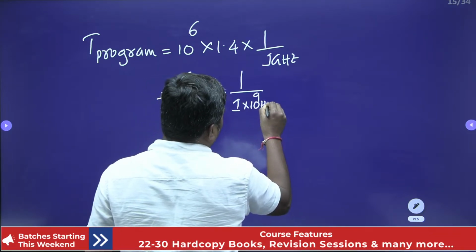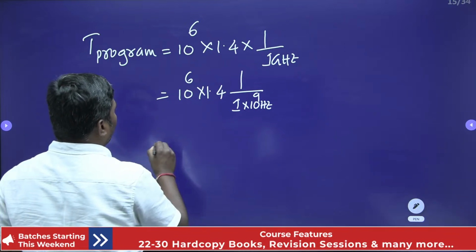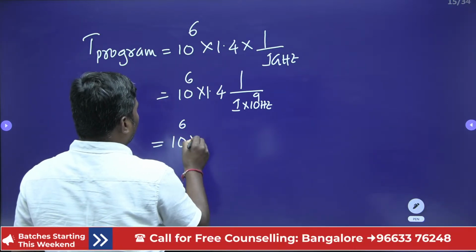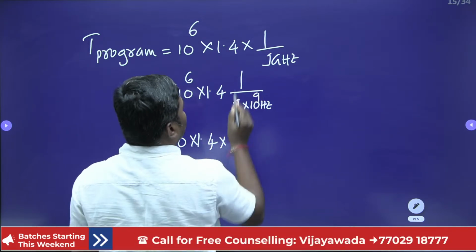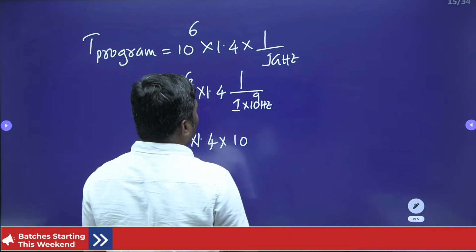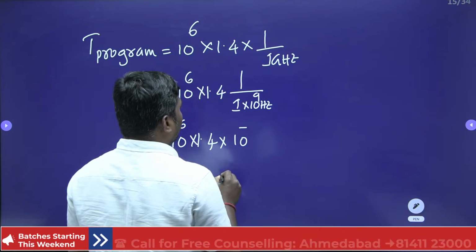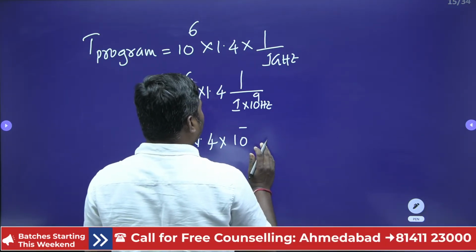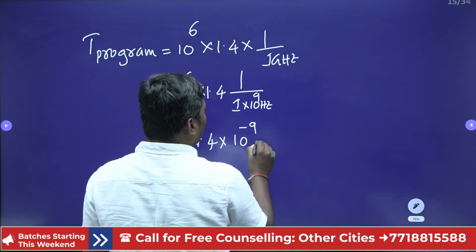Can I write 1 by hertz? If you send it upside, it is 10 power of minus 9. So 10 power of minus 9 seconds.